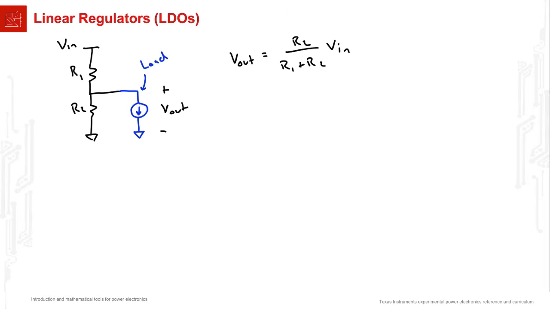And hopefully you can see that as I draw more current in my load, the output voltage will decrease. And this is because, in addition to having current flowing through R2, I now have a lot of current being pulled through the load. And all of this current flows through R1.